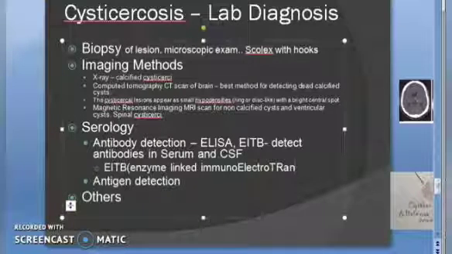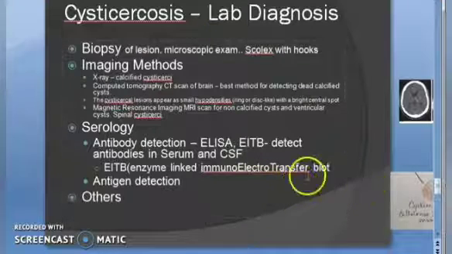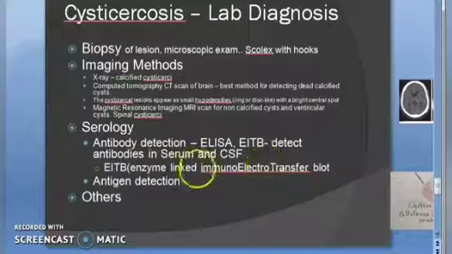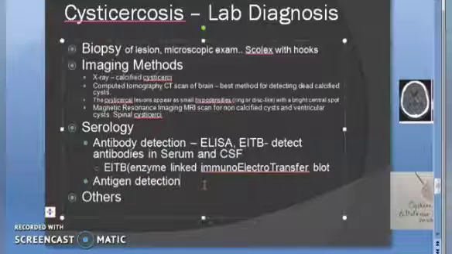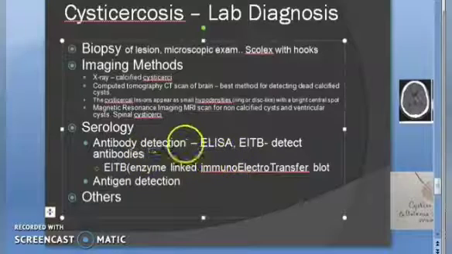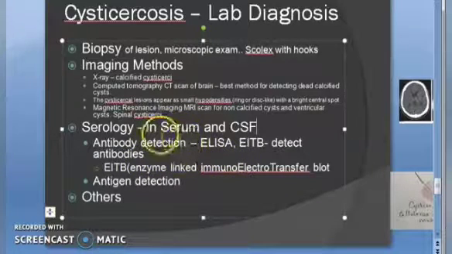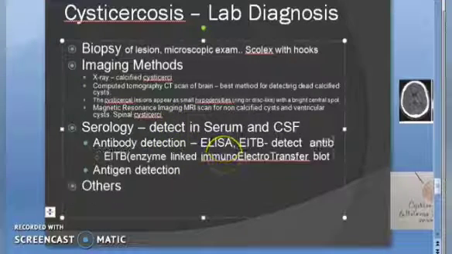They have put the spelling incorrectly in the textbook. Immunoelectrotransfer blot, EITB. So antigen detection you can detect in serum and CSF again. Same thing, serology, detect in serum and CSF.